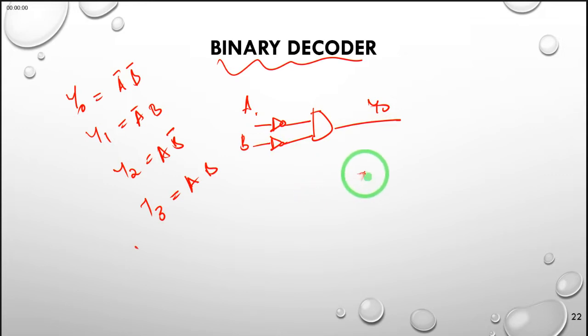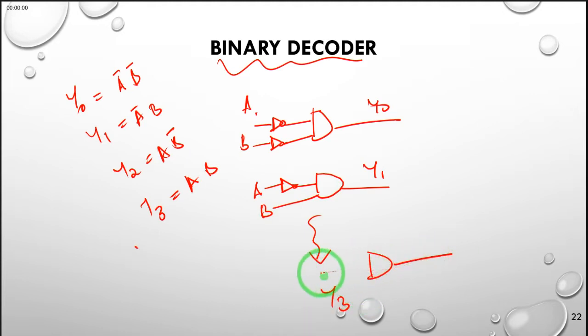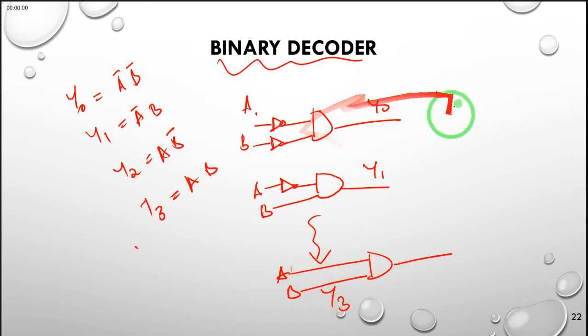Similarly, you can implement Y1 using an AND gate with an inverter on A and B uninverted. And similarly, we can describe the formation of the output Y3 as coming from two inputs A and B that are not complemented or inverted. This is a very simple way in which you can implement a binary decoder.